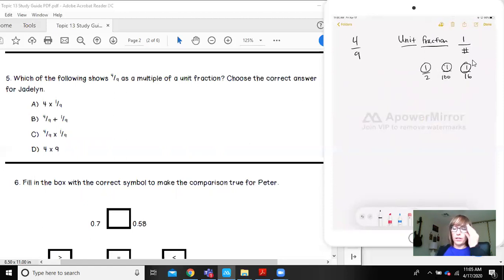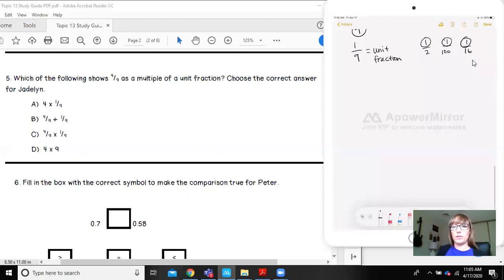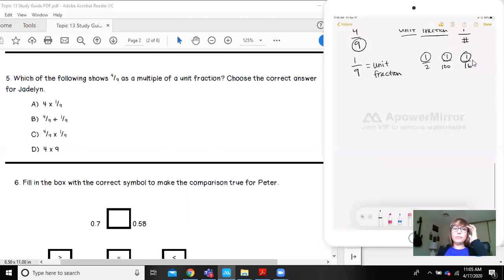So 4/9, well, if we have ninths, so ninths is our denominator, a unit fraction would be 1/9, because remember, unit fraction, 1 is in the numerator. So 1/9 is our unit fraction. Okay, so that's our unit fraction.